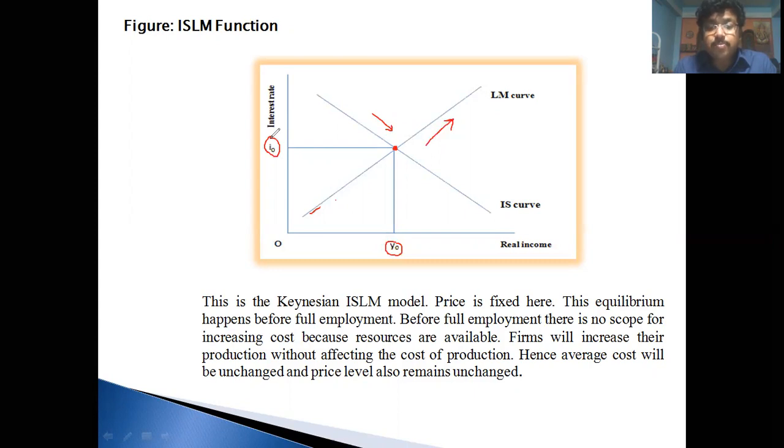Hence, the average cost will be unchanged and the price level also remains unchanged. So in the Keynesian ISLM model, we have fixed price because the equilibrium is reached before full employment.